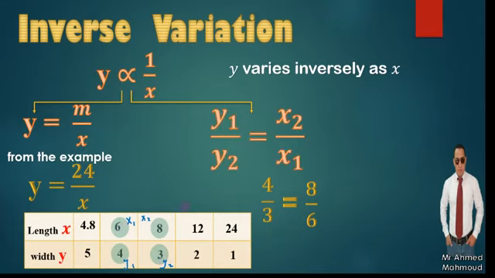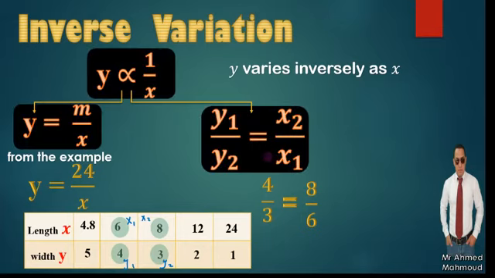So the other rule is y1 over y2 equals x2 over x1. This is the rules, but the general rule, the equation rule, is this one. Now if y varies as 1 over x, then y equals m over x, or y1 over y2 equals x2 over x1.